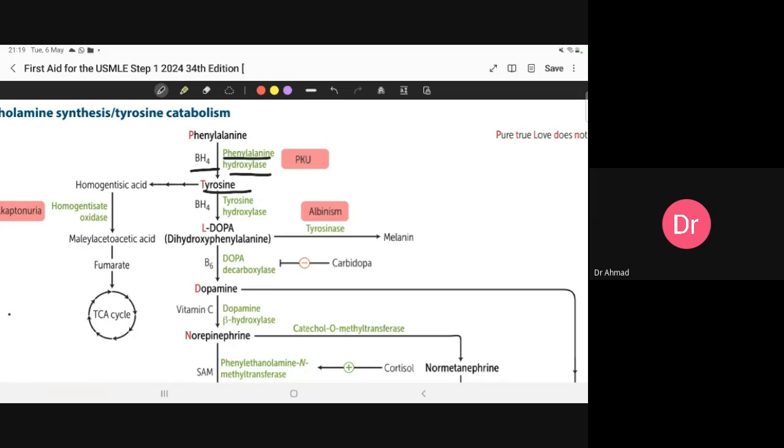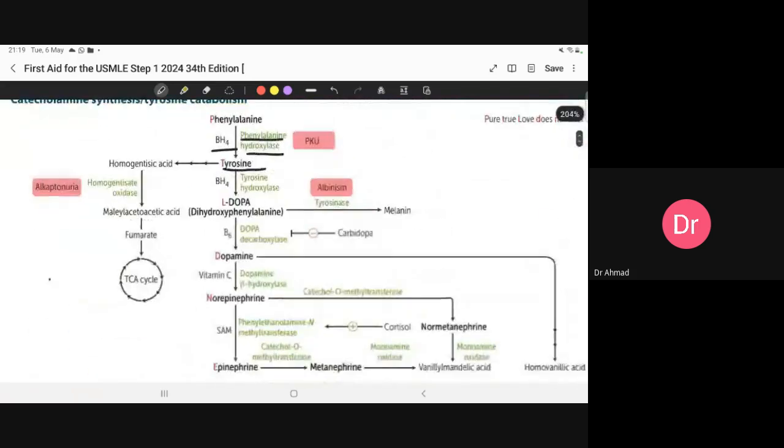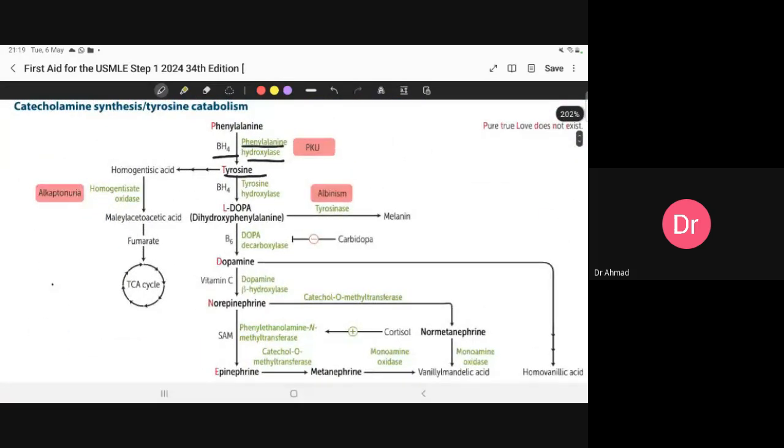Then tyrosine is converted into L-dopa by tyrosine hydroxylase. Tyrosine is also converted into homogentisic acid. This homogentisic acid is toxic to your body if you cannot metabolize it to other components like maleylacetoacetate, and this can go into the TCA cycle in the form of fumarate.